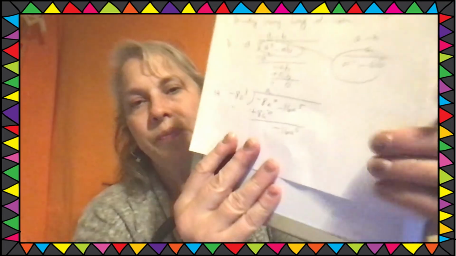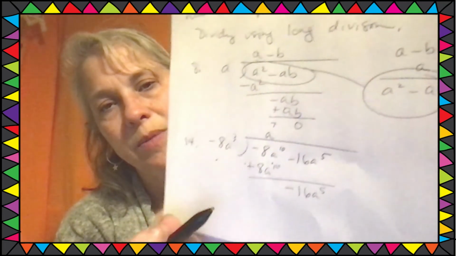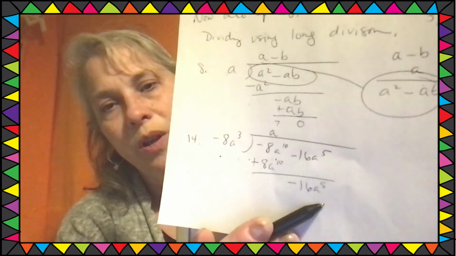Bring down negative 16a to the 5th. What times this will give you this? Let's see, 2a squared. So plus 2a squared. So that would be negative 16a to the 5th, and that would be correct.